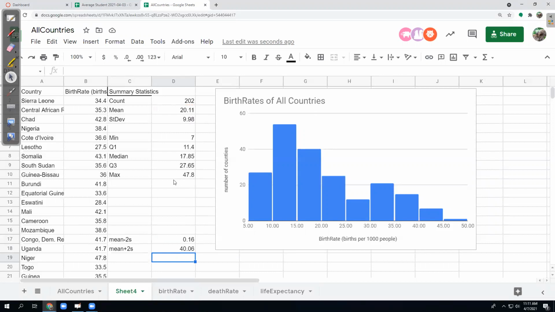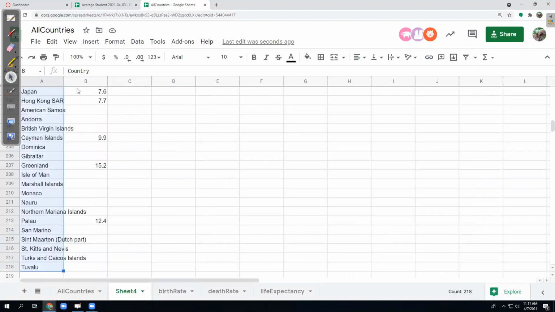So next thing I want to do is count. How many of these numbers are between 0.16-ish and 40, so roughly between 0 and 40. To do that, I need the numbers in order, and I have not sorted them yet. The quick way to highlight a whole group of numbers, Control Shift and then down arrow will look for the bottom of the list.